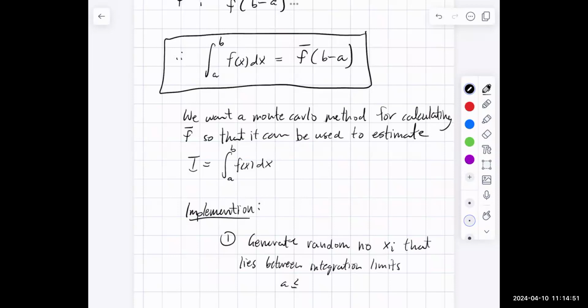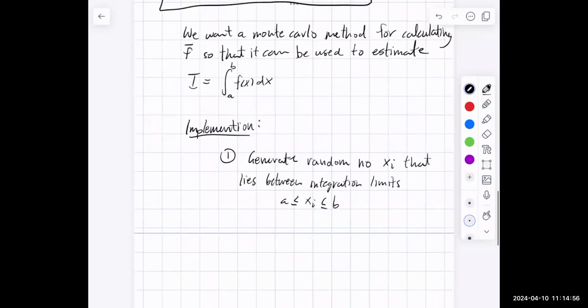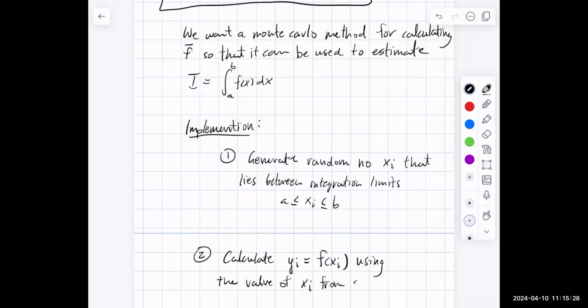Okay, so we're going to generate a random number that's somewhere between a and b. Okay, step 2 is we're going to take that random x value and use it to calculate the value of the function f of x. So calculate yi equals f of xi using the value of xi from step 1.